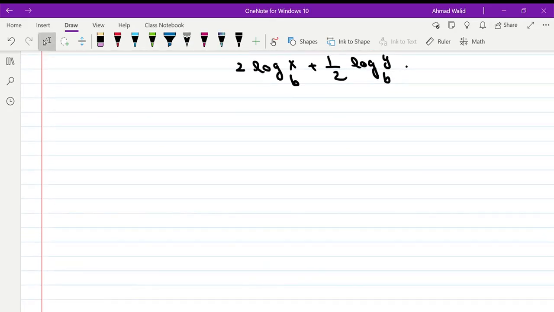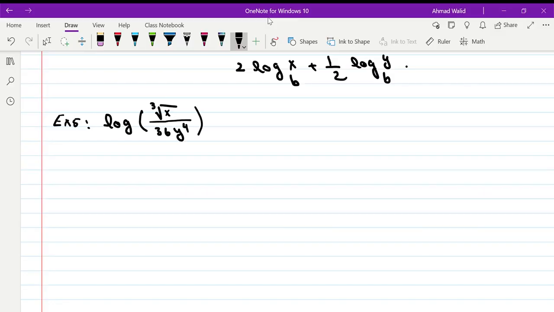Example number 5. Log of cube root of x over 36y to the power of 4 base 6. First, you see the cube root, you have to write it in exponential form. Rewrite the problem.